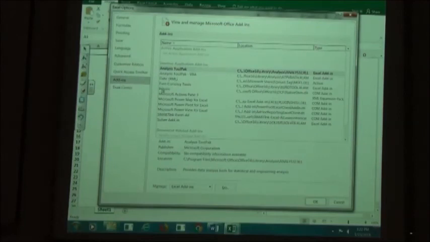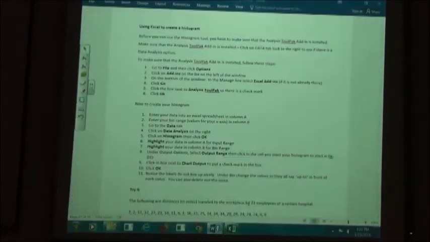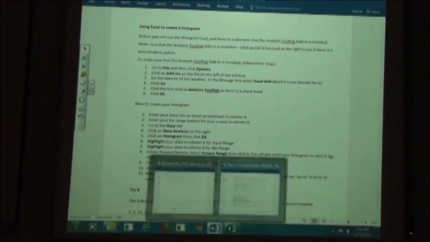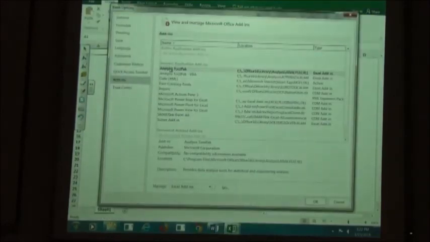I'm looking to see which one of those tools they want. It just says go to the Analysis ToolPak, which is just the top one, Excel add-in. So I'm just going to highlight that one and see if it works.